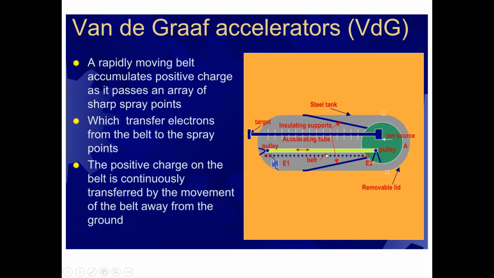This belt accumulates positive charge as it passes an array of sharp spray points. That is basically the function of the belt, the yellow part here. The moving belt accumulates positive charge as it passes an array of sharp spray points, which transports electrons from the belt to the spray point.